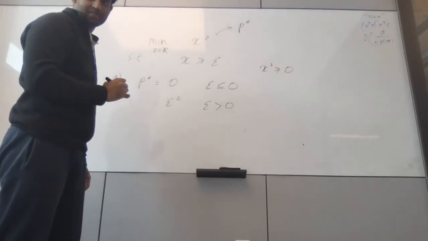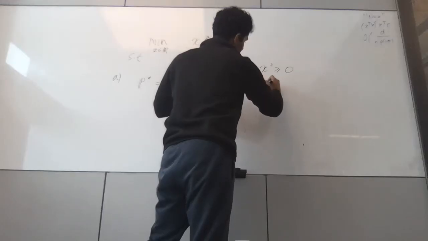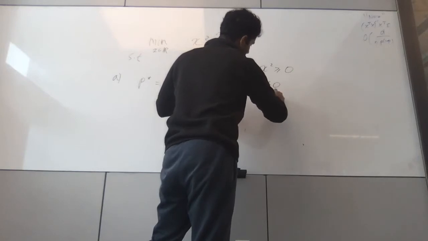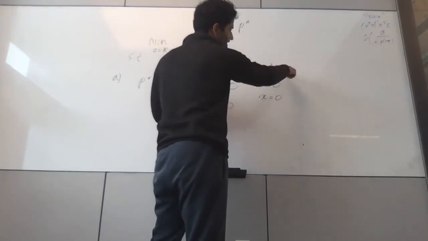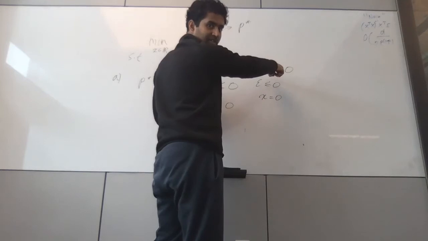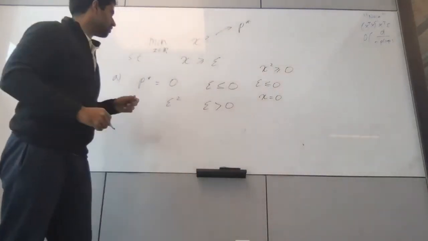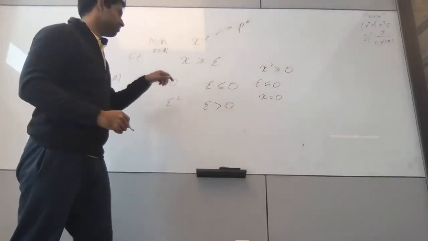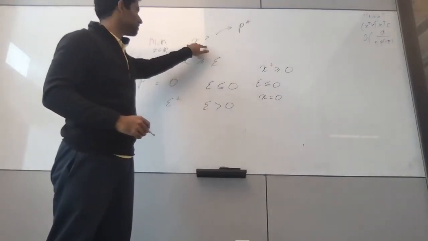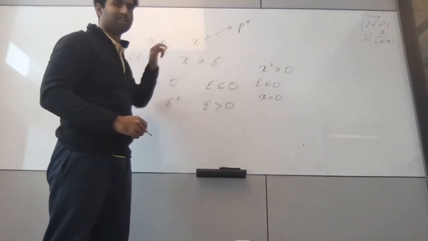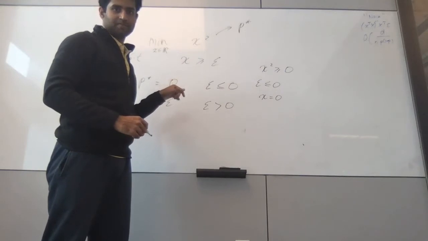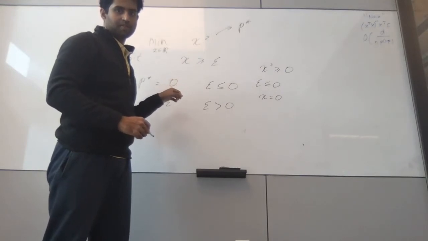When epsilon is less than or equal to 0, you can set x to 0 and you achieve this lower bound. So when epsilon is less than 0, the optimal value of this objective function occurs within your constraint set, right?